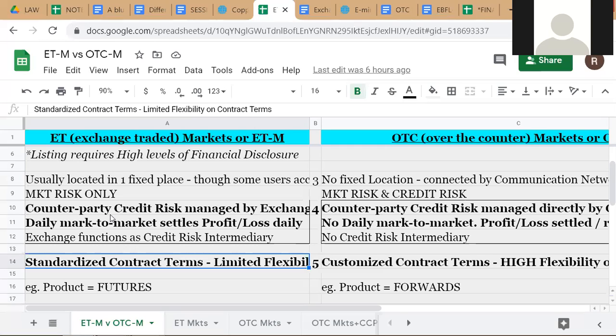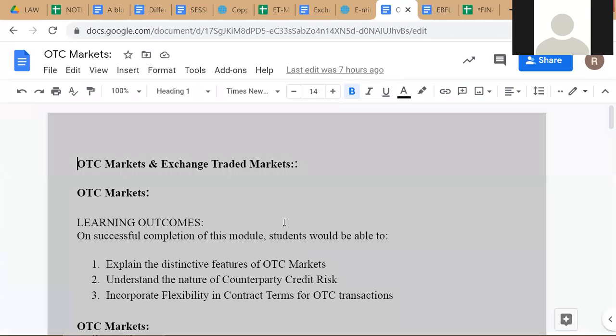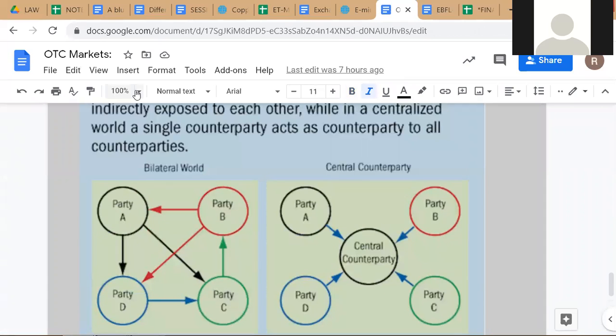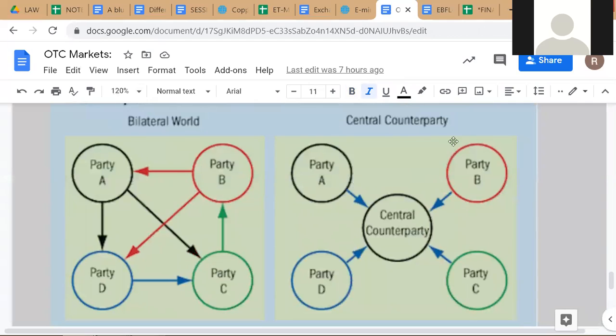Okay, let me explain how this works. So here you can refer to this. OTC markets, as I showed you, another example, a better example is this, which we showed you here. Now OTC markets are like this. All right, forget the right-hand panel.